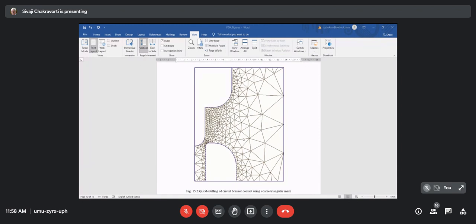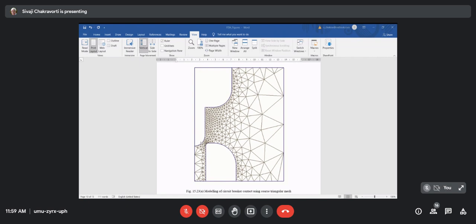Now in this diagram what I am trying to show you is very interesting. You can see that the software today is so smart that it knows where to use the finer elements and where to use the larger elements. Here, where my mouse is moving, the gap between the two electrodes is less, so the field will be high or non-linear.